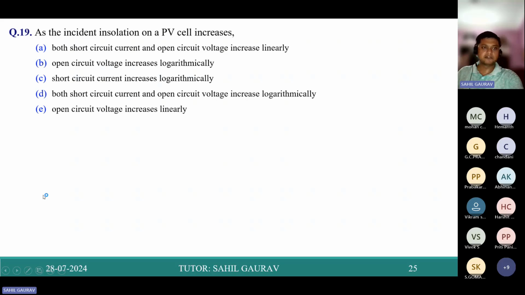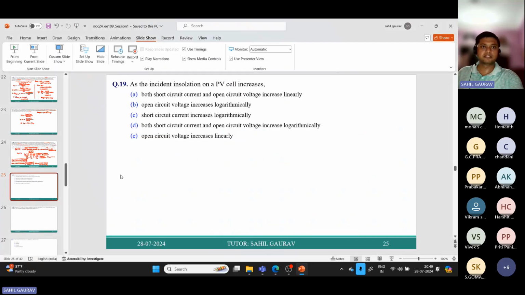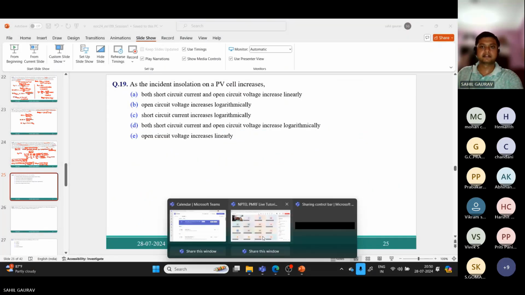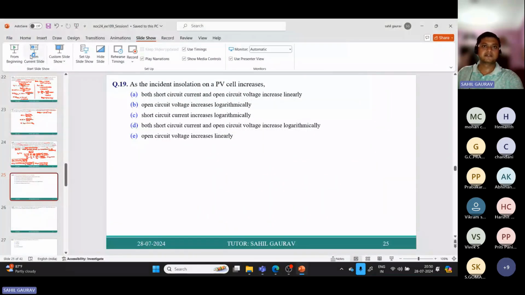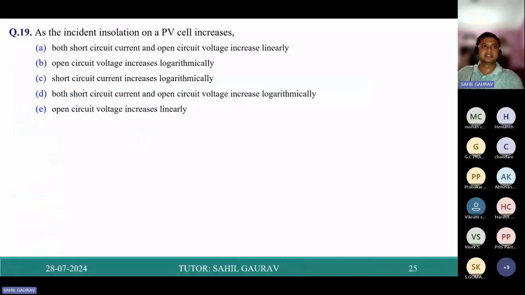Give your answer in the chat box. Yes, Chandni, B is the correct answer. The open circuit voltage increases logarithmically.